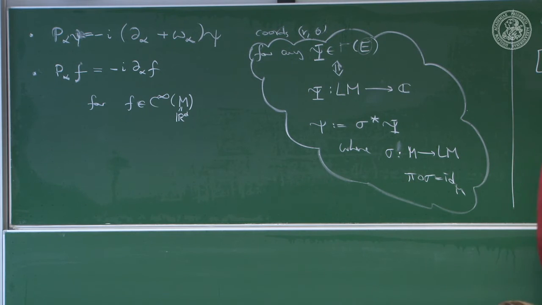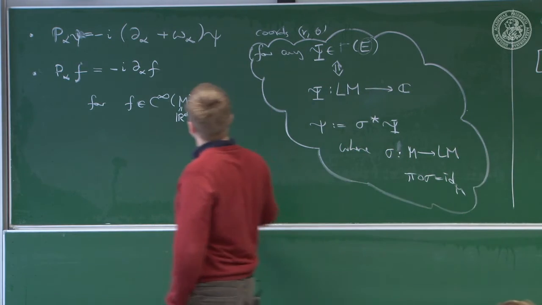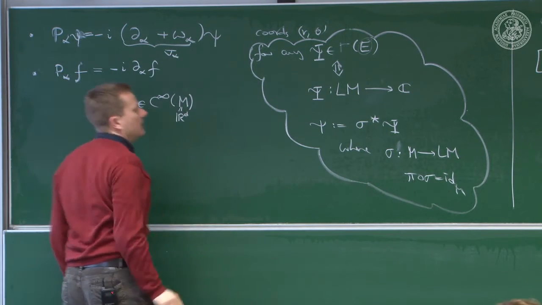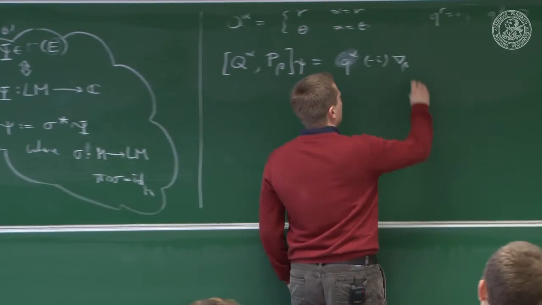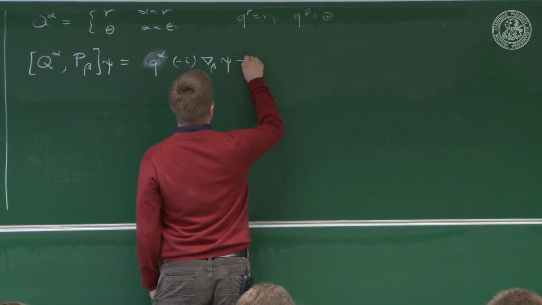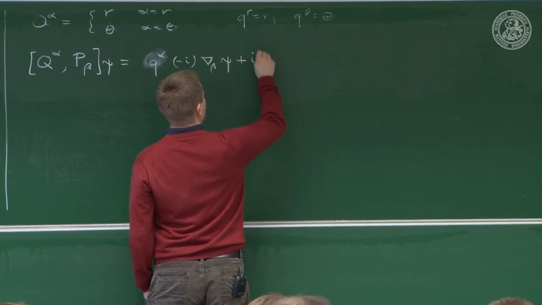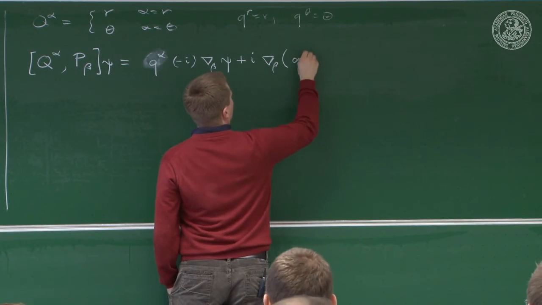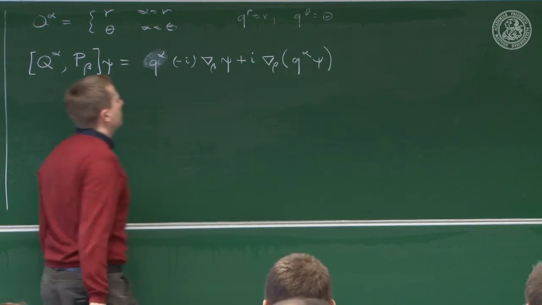Okay, Q alpha, there's a minus i. Now comes the covariant derivative, right? So let me write it like nabla beta. That's what we used before. So this is the nabla alpha here. Nabla beta acting on psi, minus i, is plus i nabla beta acting on q alpha psi.